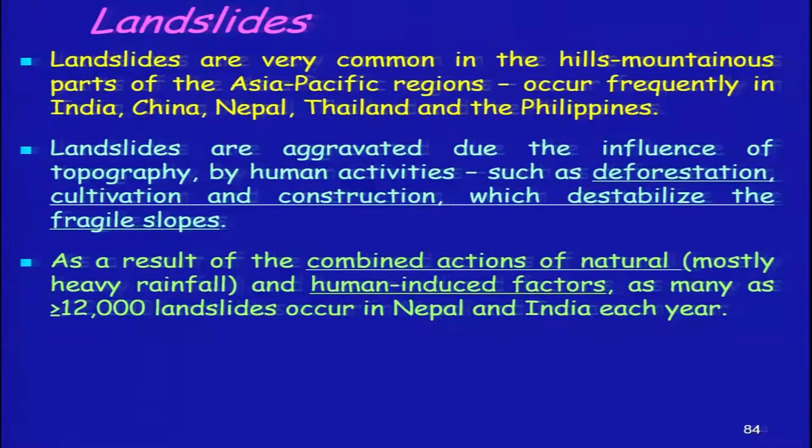triggering the landslide. Now, as a result of the combined action of natural factors, mostly heavy rain, and human-induced factors, as many as more than 12,000 landslides occur in India and Nepal per year. Now, this is just based on your rainfall.